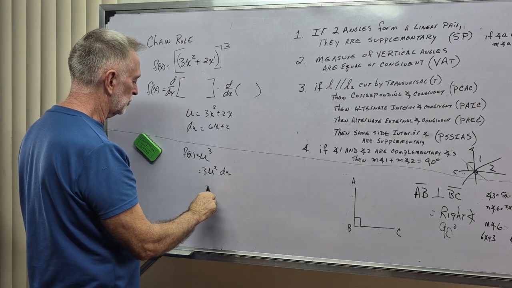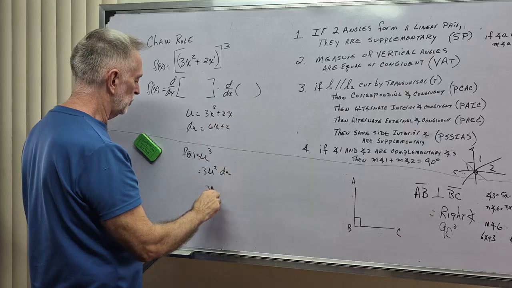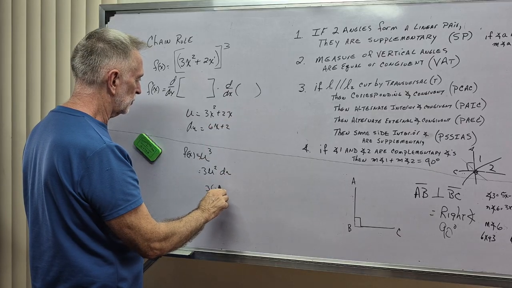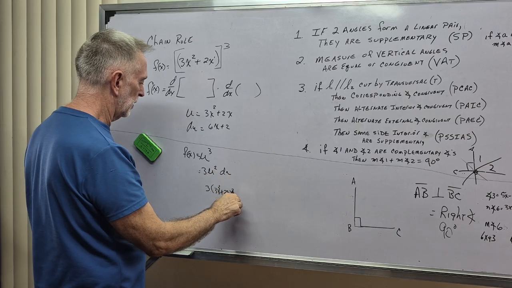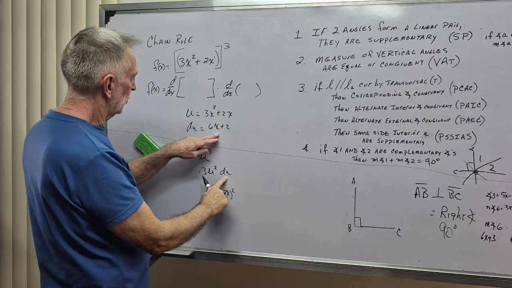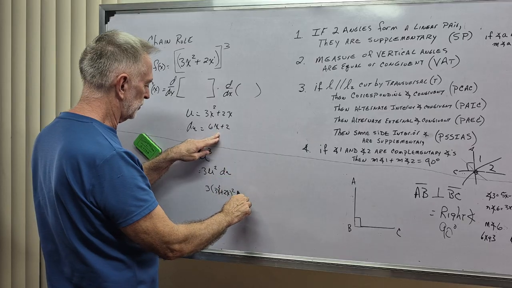So this becomes 3 times u, 3x squared plus 2x, squared times du, which we said was 6x plus 2.